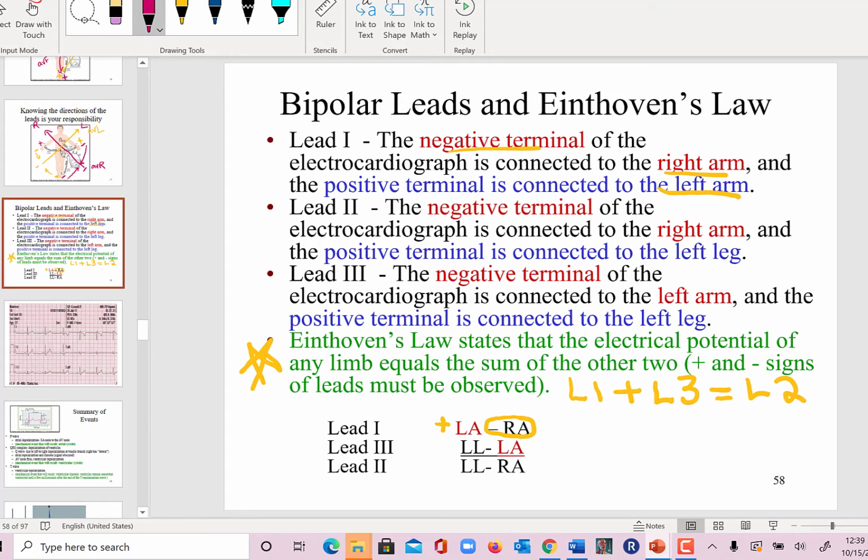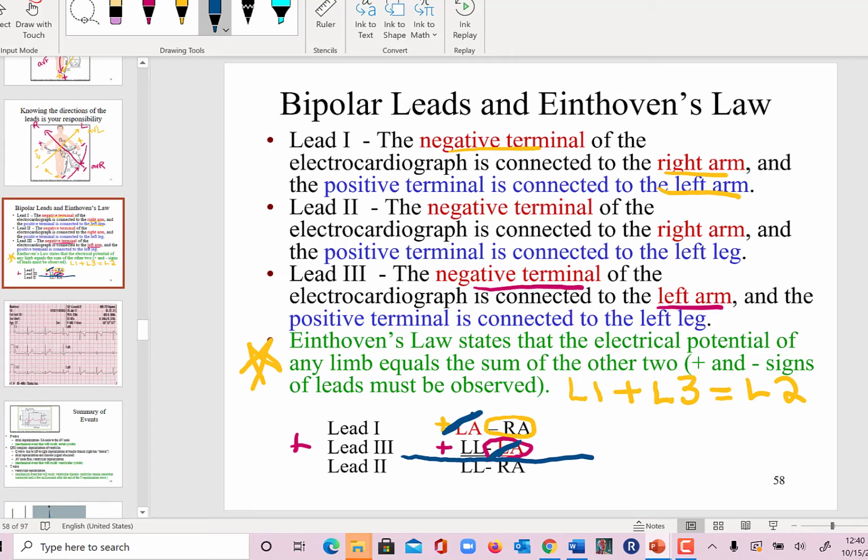Lead 3 is negative on the left arm, shown here as the negative LA, and positive on the left leg. Now let's just add lead 1 to lead 3. When I add these together, notice that the negative LA for lead 3 cancels out the positive LA for lead 1.